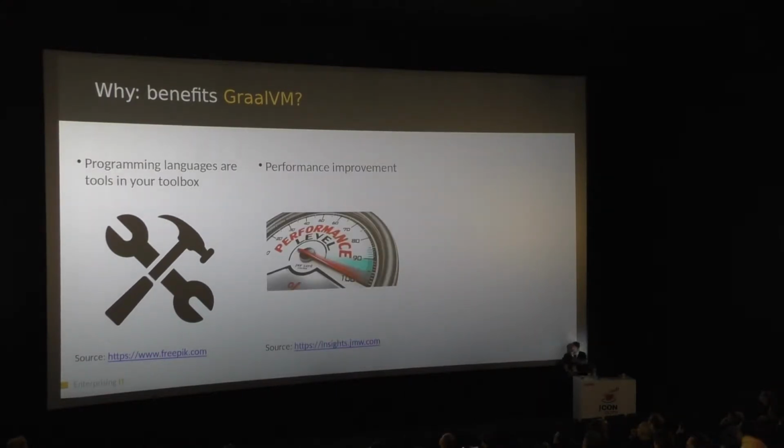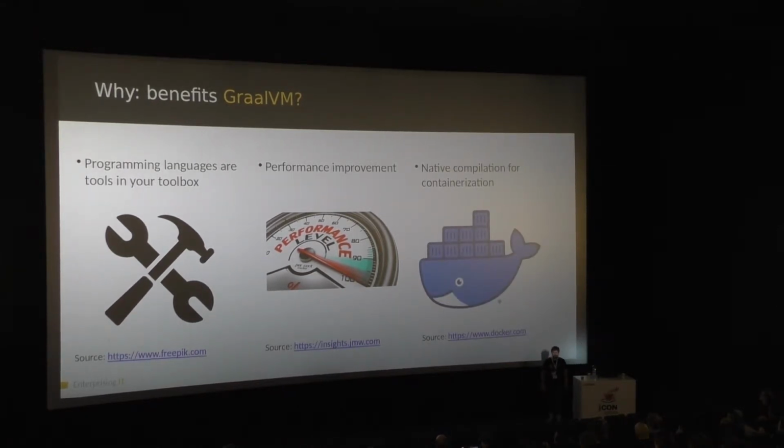Next point is we get some performance benefits when you're using GraalVM. So without doing anything, some parts of your programs might run faster. Why not use it? And the last point, as I mentioned already, is you can build native images, and native images work great with Docker. Who's using Docker?